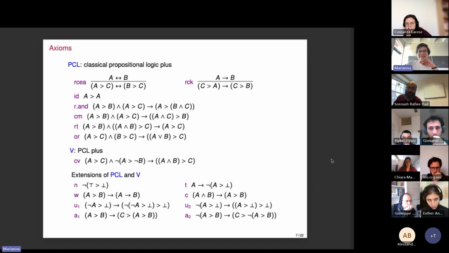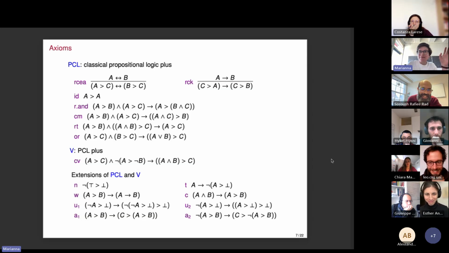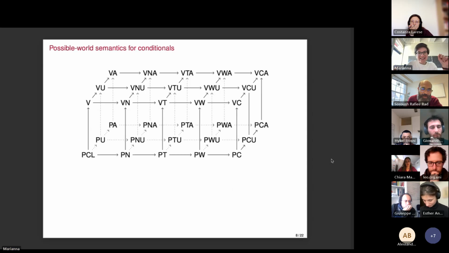I can let you stare at this for a couple of seconds more, but to me, these axioms are, I have to say, quite unreadable. Instead, the way I can make sense of these logics is by looking at the semantics. So let's look at the semantics.